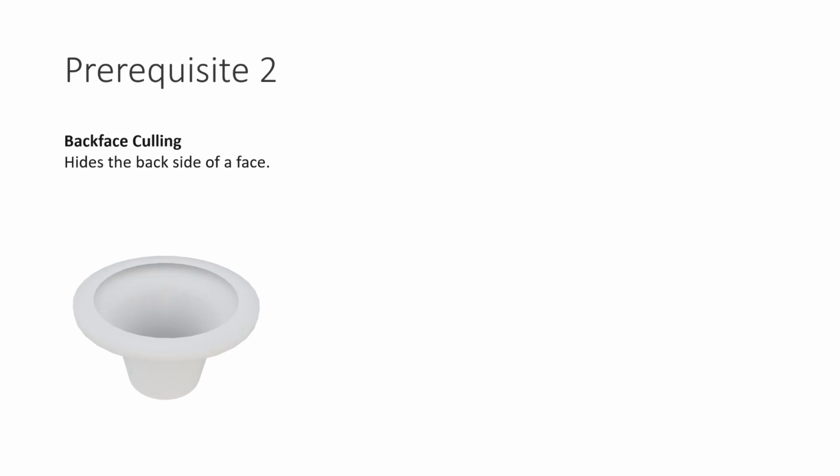And so now that you know what a normal is, let us talk about the second concept that you need to understand. There is something called backface culling, and it basically is a feature that allows you to hide the backside of a face. So do you remember this shape? We talked already about it, that some of the faces we're looking at from the back side.